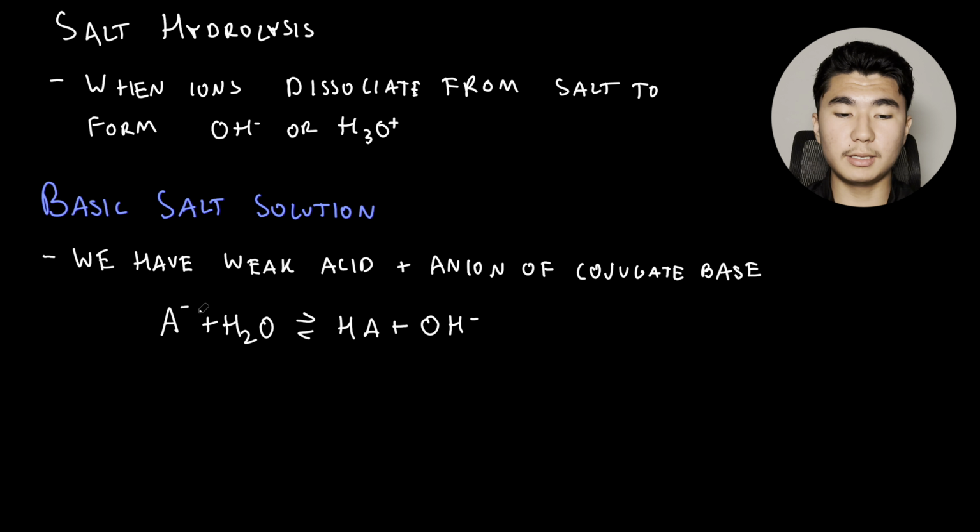So now let's talk more about these metal ions and how they affect pH. So like we talked about, these metal ions indirectly affect pH by increasing the concentration of hydronium and hydroxide.